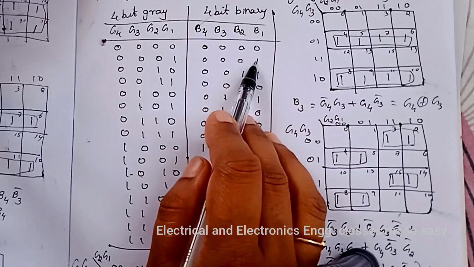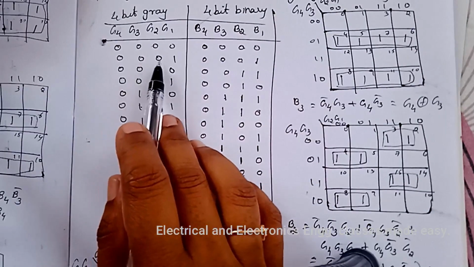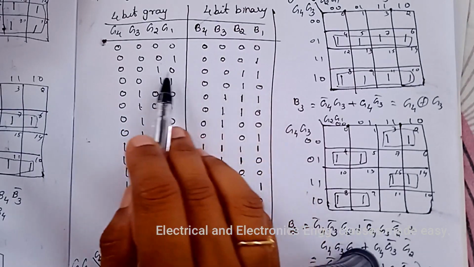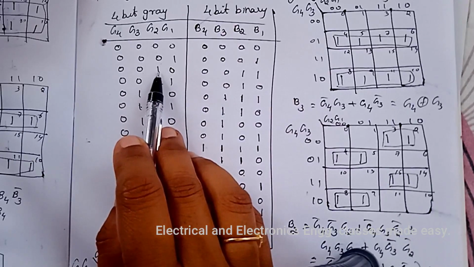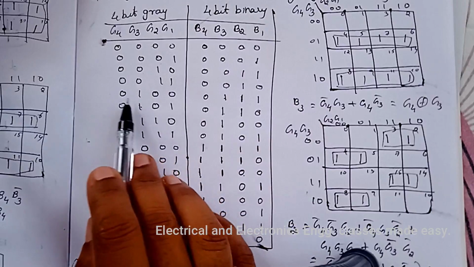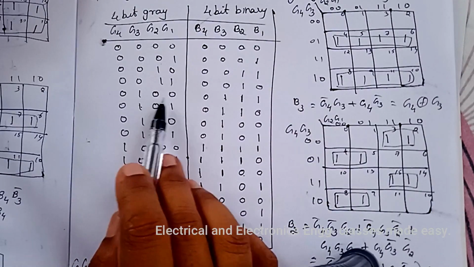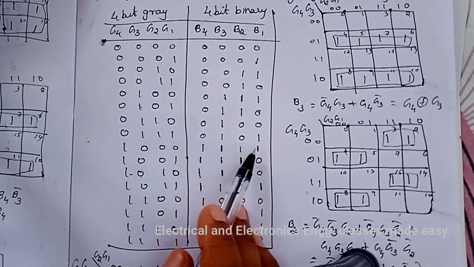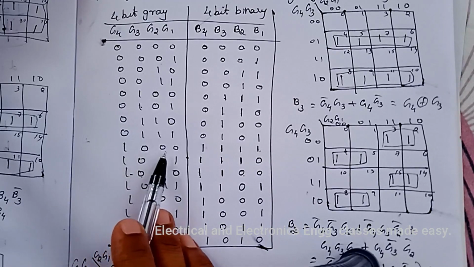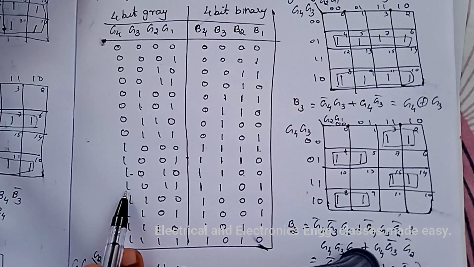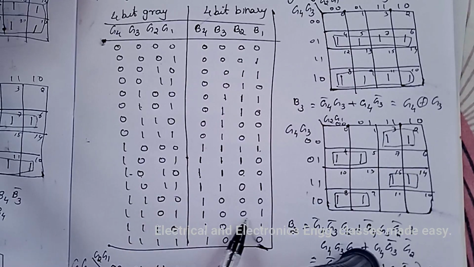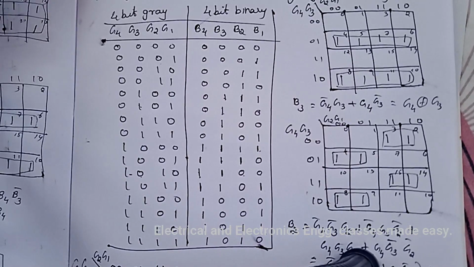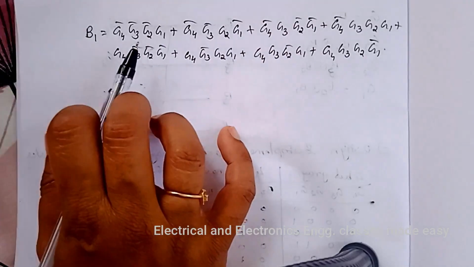That is, for example, for this one we have to write G4 bar, G3 bar, G2 bar, G1, then next plus G4 bar, G3 bar, G2, G1 bar, plus next is G4 bar, G3, G2 bar, G1 bar, next is G4 bar, G3, G2, G1, and next G4, G3 bar, G2 bar, G1, next one G4, G3 bar, G2, G1, G4, G3, G2 bar, G1, plus G4, G3, G2, G1 bar. That is B1 is equal to this one.